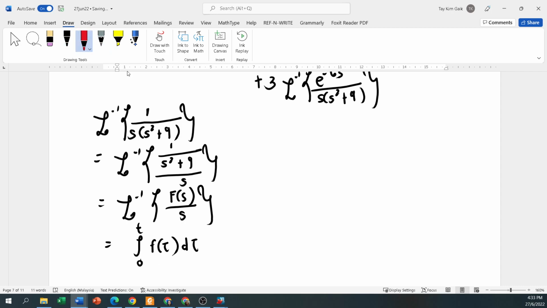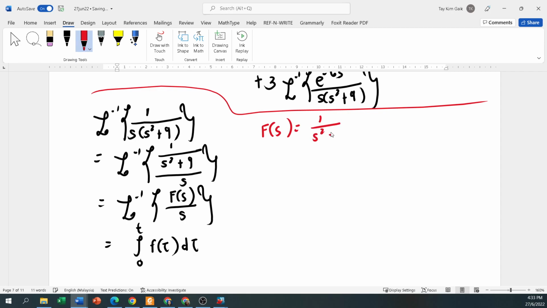In this case your F(s) is 1 over s squared plus 9. So f(t) will be 1 over 3 sin 3t. If you want f(tau) or f(u), just change the variable: 1/3 sin 3 tau.